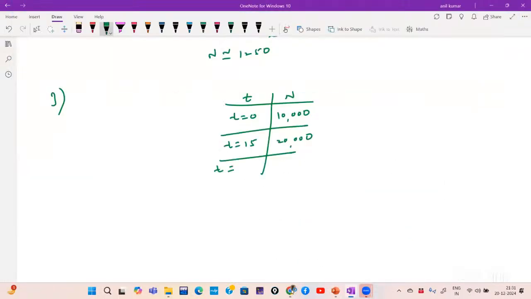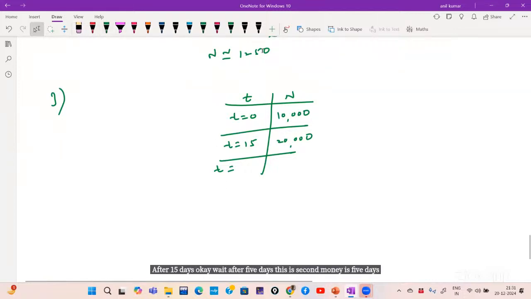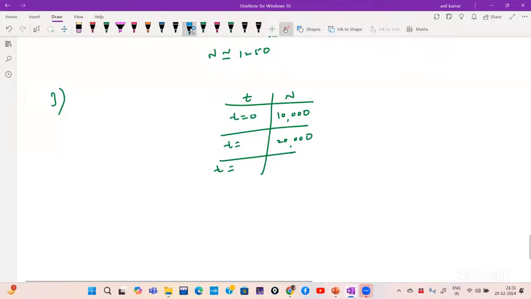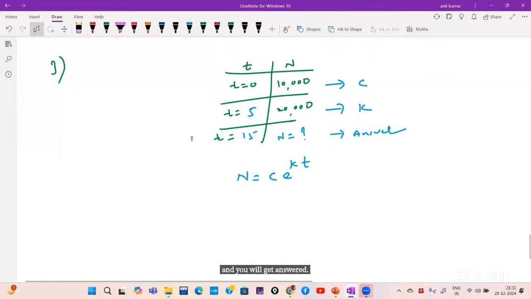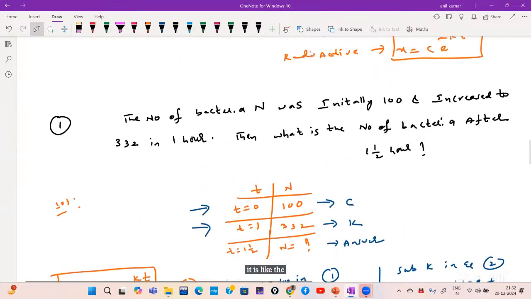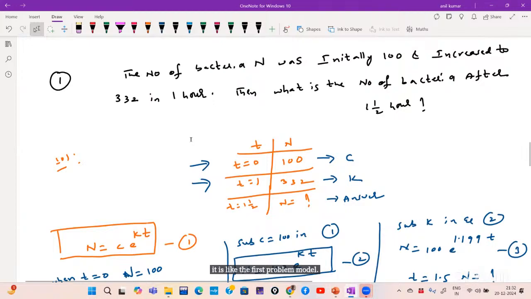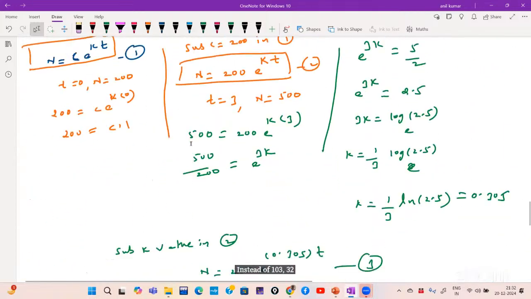We have to use the same formula as in the first problem, N equal to C e power kt. Substitute this, you will get C, and you will get k, and you will get the answer. It is like the first problem model, just with larger readings.